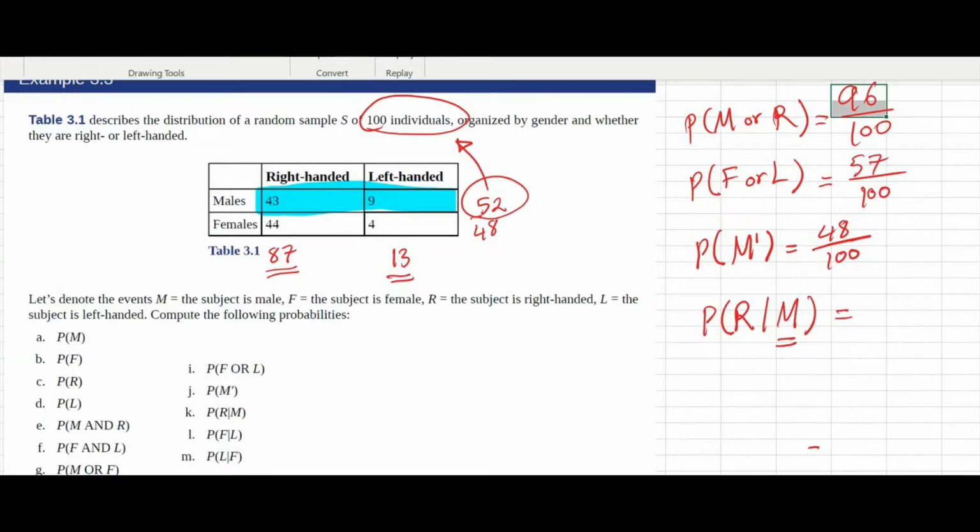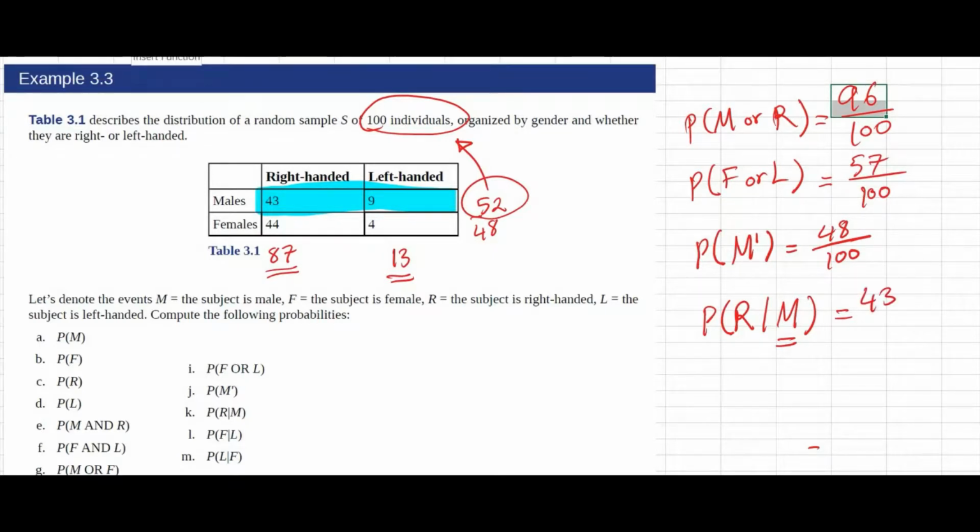And how many out of these are right-handed? I have 43 right-handed people out of the 52. So given that we're only talking about the males, how many people are right-handed? Or what is the probability of selecting a right-handed person? That is 43 right-handed males out of the 52 in total.